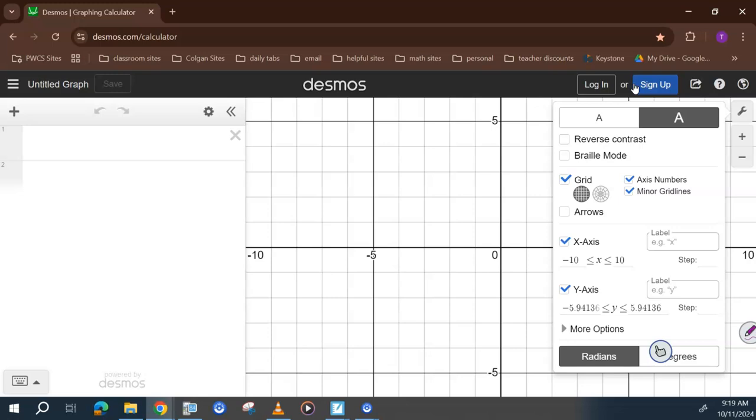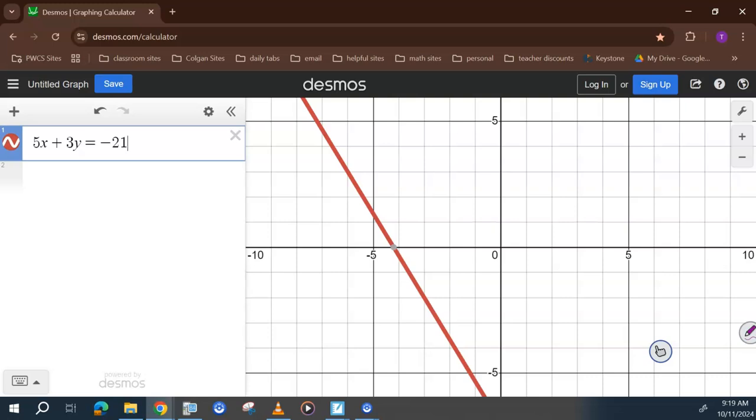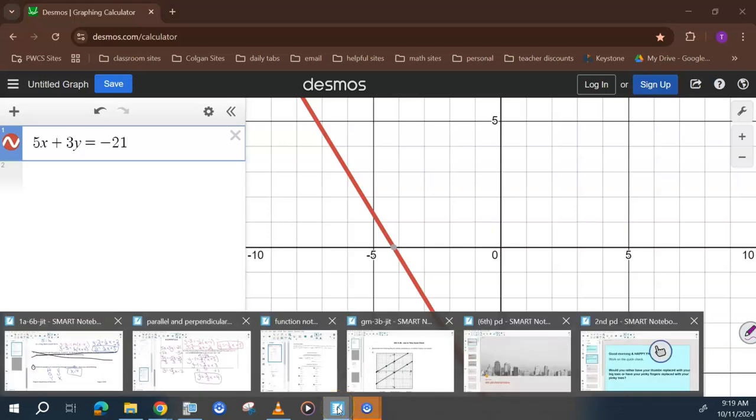So the first thing I'm going to do is put in the original equation, the 5x plus 3y equals -21. And then, because we solved that, I'm going to put in the equation that we got to make sure that they overlap, which was y equals -5/3 x minus 7.